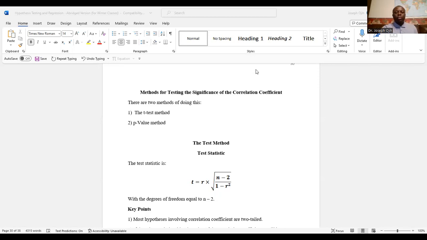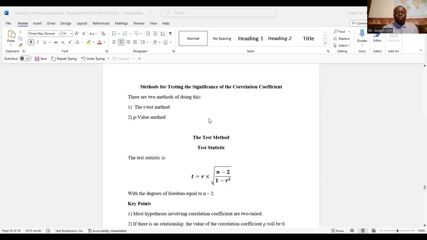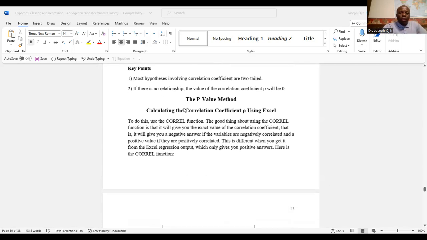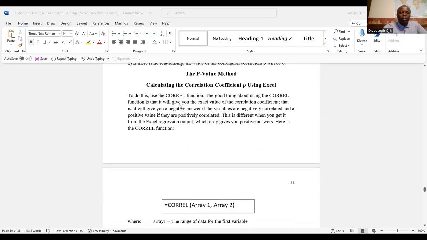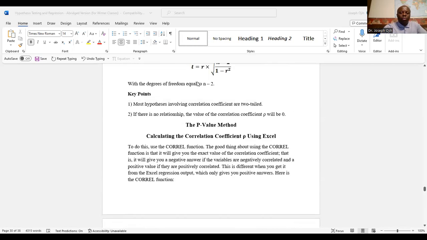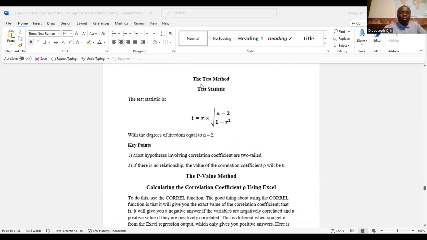So we'll be using the second method today, so that we'll be on the same page, where we test for the significance of the correlation coefficient using the p-value method. Otherwise, you can use the traditional method, whereby the test statistic is this right here, and then we use the critical value.